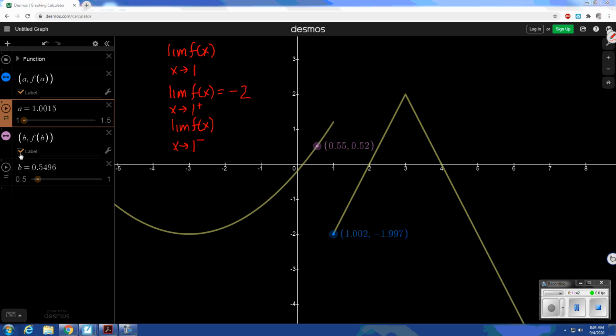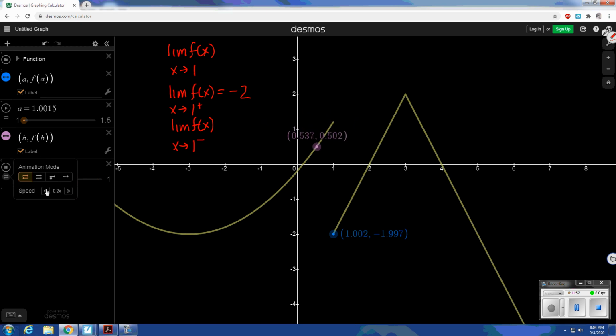Now let's observe what's happening with our other coordinate. We'll bounce back. As you can see, I'm actually going to slow this thing down. As the x values are approaching 1, what are the y values approaching?